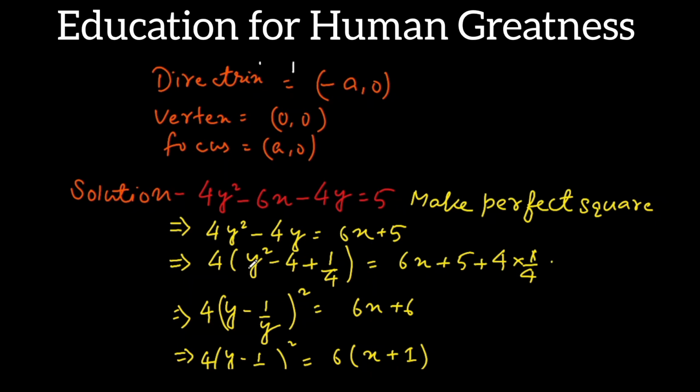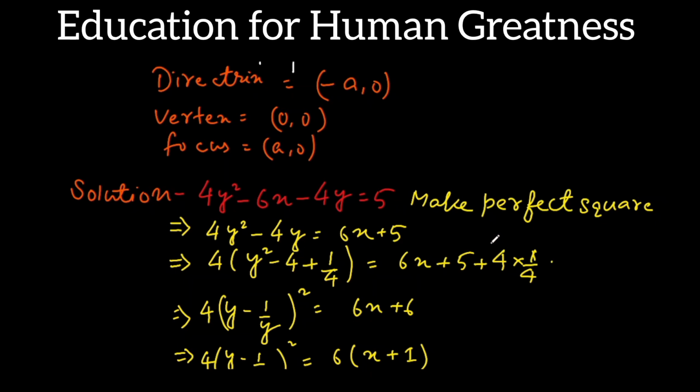4y² − 6x − 4y = 5. Make a perfect square. By making a perfect square, we will proceed and write in this form. Further, you can see here I have just added 1/4. When you multiply 4 by 1/4, we also have to add the same thing at the RHS.